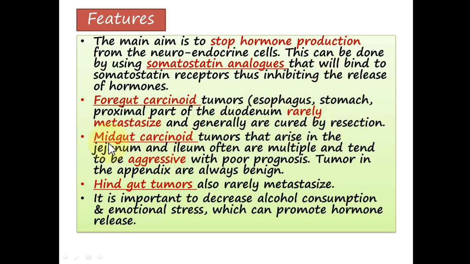But the tumors that occur in the midgut, the duodenum, jejunum, often are multiple, very invasive, and very aggressive tumors with poor prognosis. On the other hand, carcinoid tumors in the appendix are totally innocent and benign because they are not aggressive and don't cause metastasis.